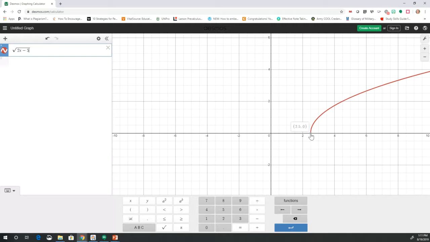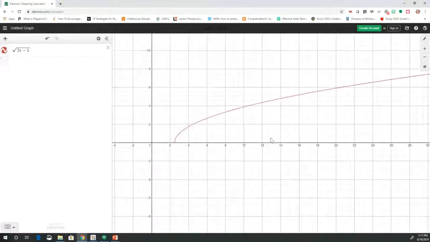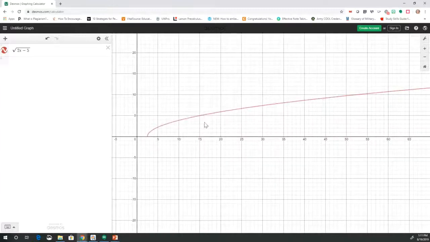So you can see for x values, that's the horizontal, that are equal to 5 halves or greater, we have our graph. But for any values smaller than that, we don't have anything graphed. So the domain is basically where do you have something graphed? And our graph is present at 5 halves and larger. And you can zoom out, we can click and scroll, and it just keeps going on forever.